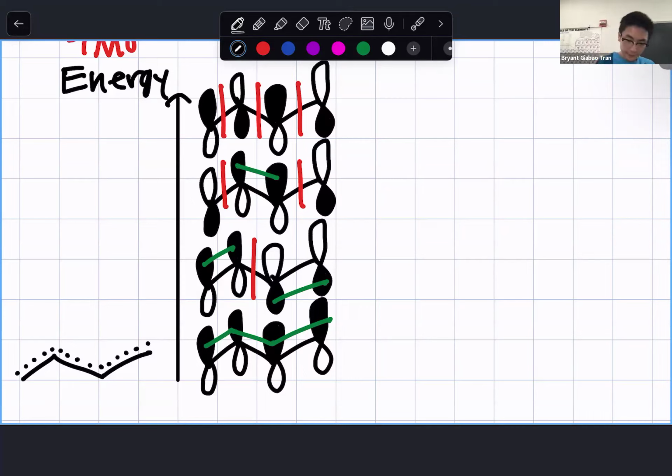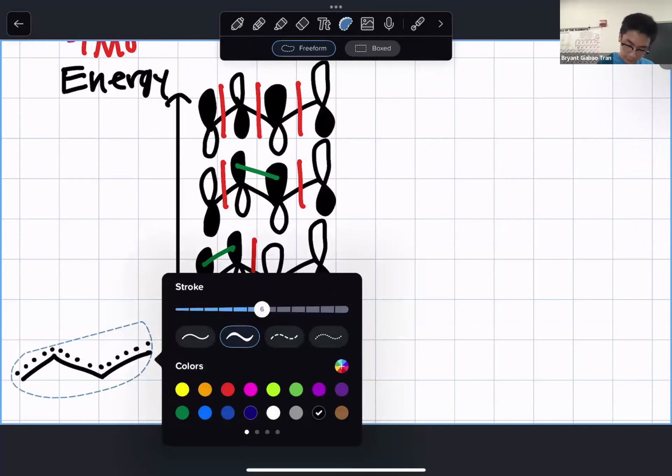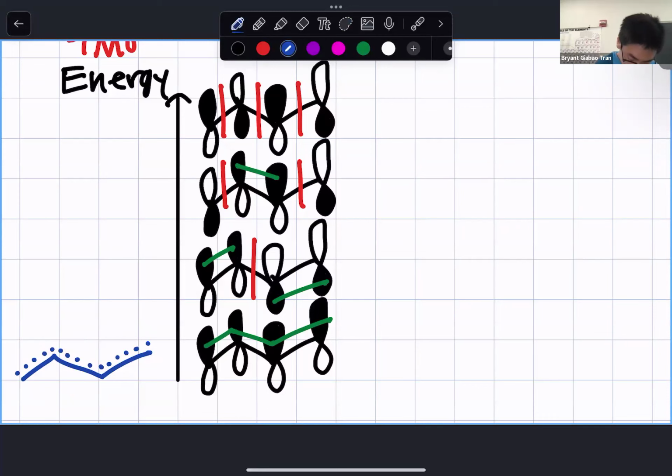For the one above that, we are going to have this structure here, where we see that the electrons are only able to be in between these 2 carbons and these 2 carbons there. There are no electrons between these 2 carbons because there is a node separating them right there. Right.